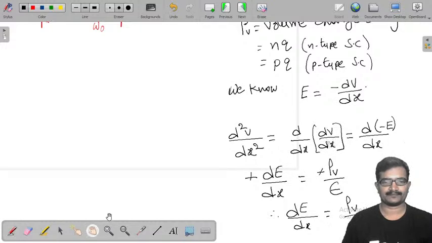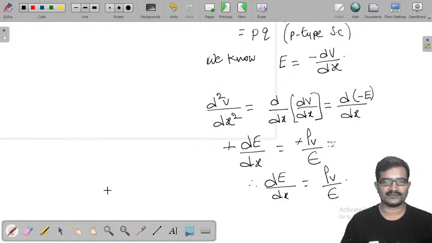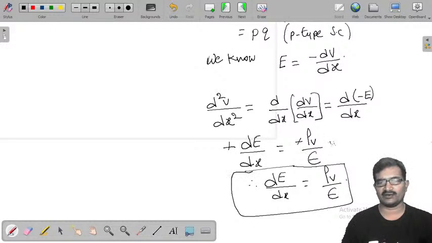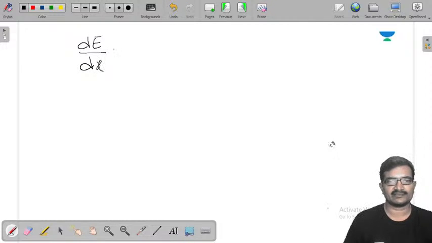Okay, now I am going to do a little bit of work on this electric field. We derived an equation for the electric field: dE by dx is rho v by epsilon.